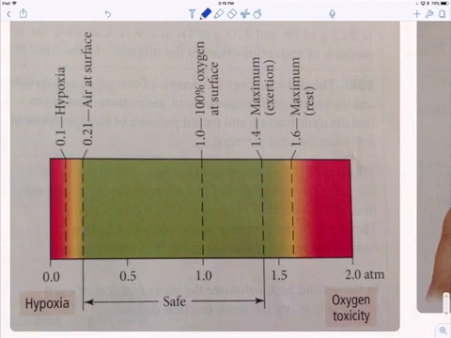And then you get to 1.4 atmospheres of oxygen, and this is your maximum that you can do in exertion, and at 1.6 atmospheres, that's the maximum you can do at rest. And if you're in this range, apparently it's really weird. You breathe very, very infrequently, but your heart is pounding like crazy.